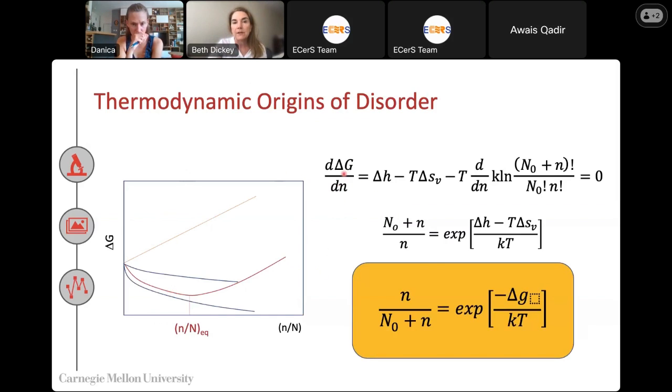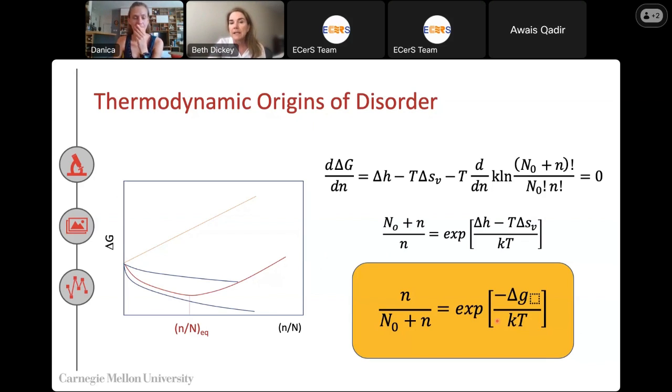If you take the derivative of that term, you have the penalty of forming individual defects that goes up with the number of them, but then you also have the configurational entropy in particular that's driving the Gibbs free energy down. So there is an equilibrium population of point defects at any given temperature. So it's nice. It's an equilibrium property of the material.